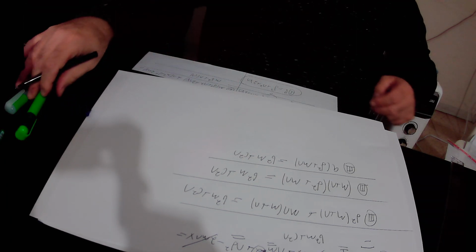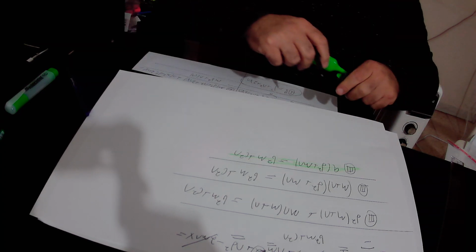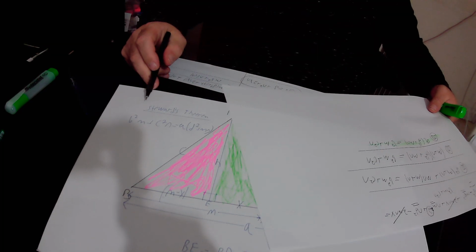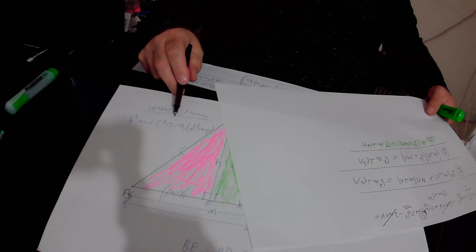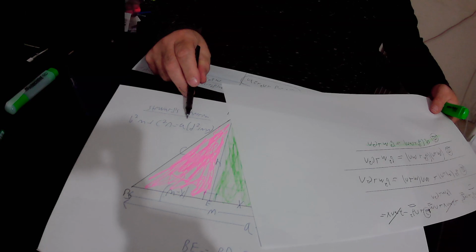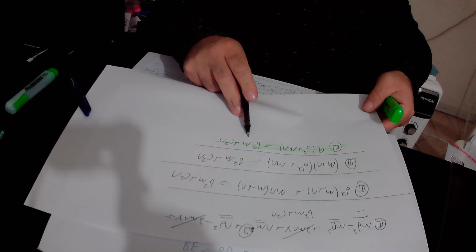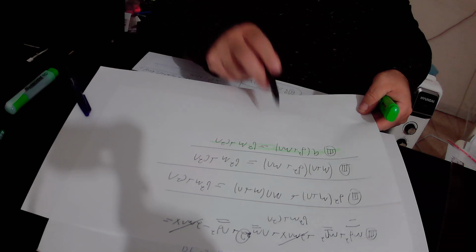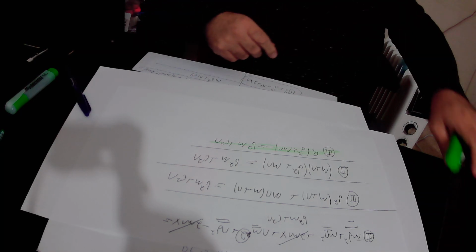And this equation is Stewart's theorem. You see here, Stewart's theorem: b squared times m plus c squared times n equals a times d squared plus mn. So we actually succeeded in proving Stewart's theorem.